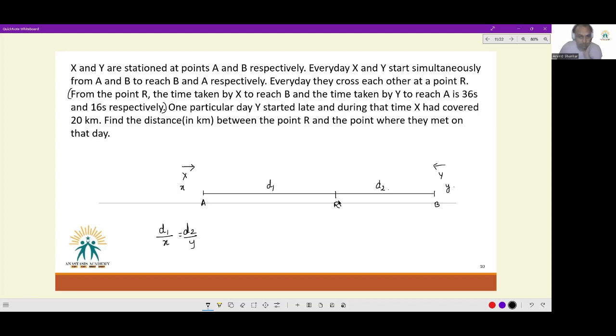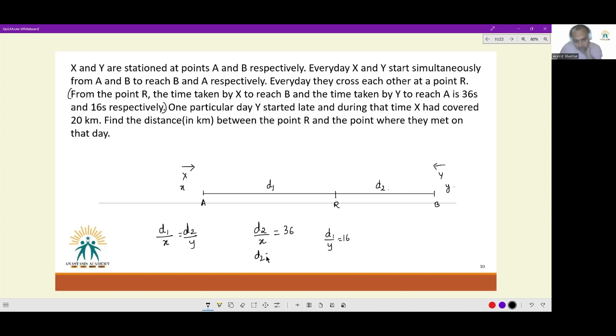This is the time taken for them to meet at R. After that, we have also been told D2 by x is equal to the time taken by X to reach B, which is 36, and D1 by y, the distance to be covered by Y, is equal to 16.